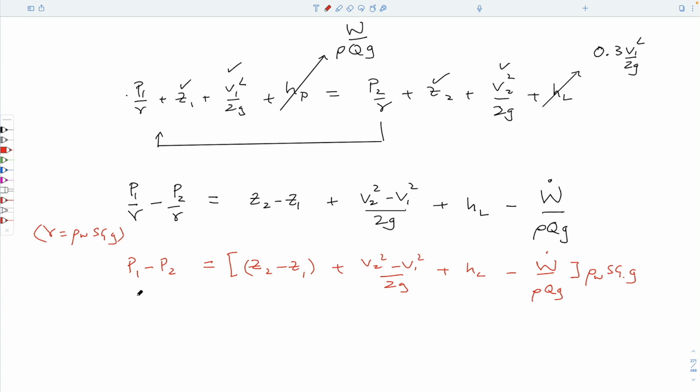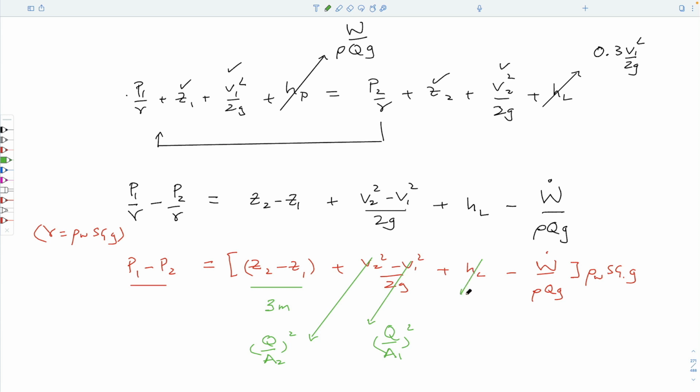Okay? So I have something in the way that I want it, but now I have to figure out what these individual terms are. So the individual terms are, this is 3 meters. This is equal to Q divided by area 1, squared. This is equal to Q divided by area 2, squared.